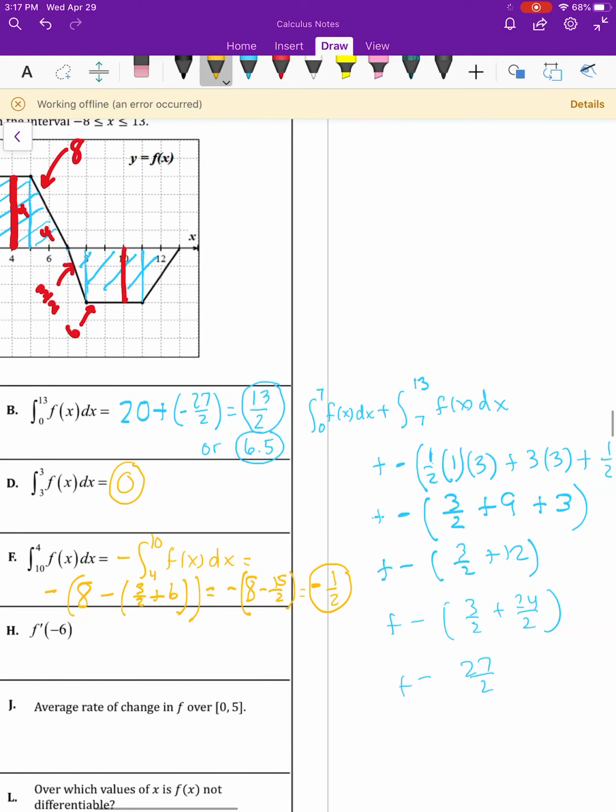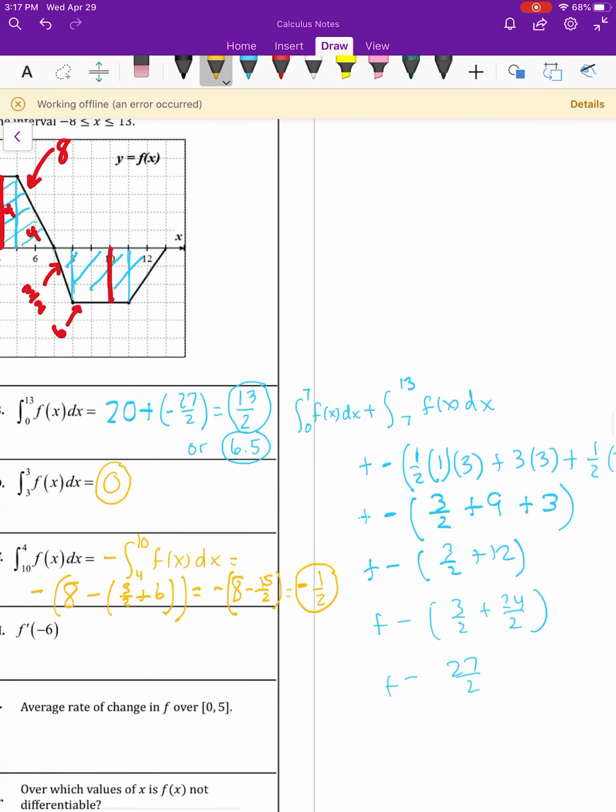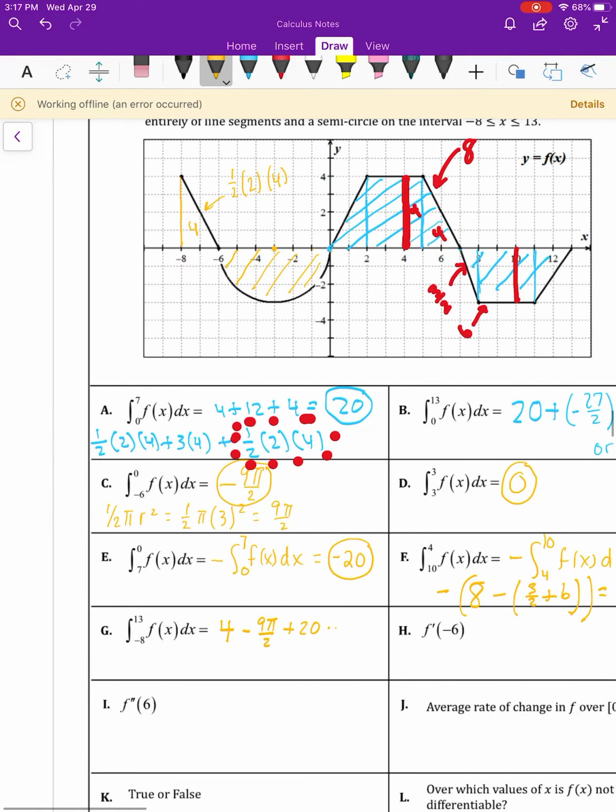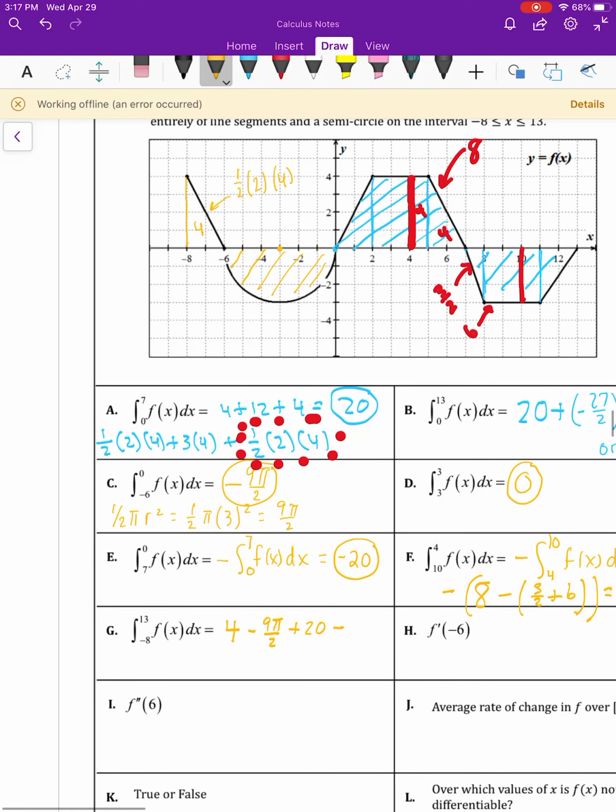And we have a negative, our 7 to 13. Where was that? Our 7 to 13 was negative 27 halves. So if we add all those up, our positives give us 24. If we combine our negatives, you can't really combine that because one of them has pi.